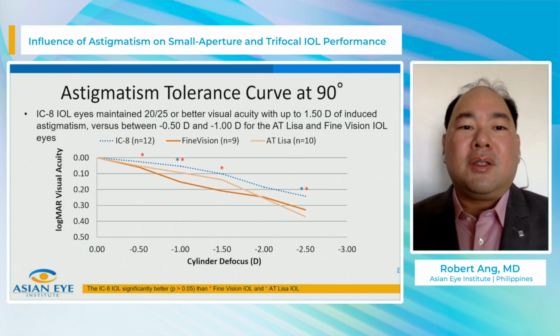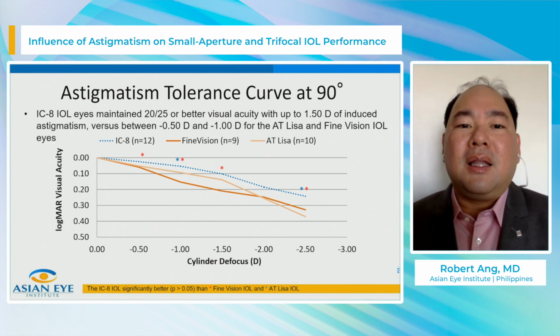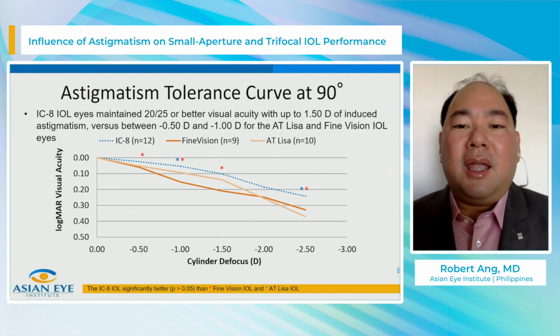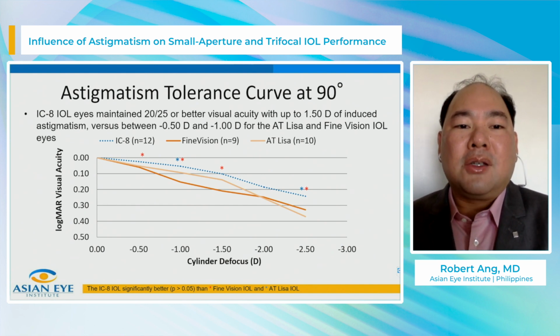So in terms of results, how did we do? In terms of astigmatism tolerance curve at the 90 degrees, as you can see, the IC8 is represented as blue dots, the FineVision trifocal IOL in the dark orange, and the AT LISA in the light orange. And as you see, all three lenses show a degradation of logMAR visual acuity as you keep adding cylinder. However, you also see that the slope of degradation of the IC8 is much slower than the other two trifocal IOLs.